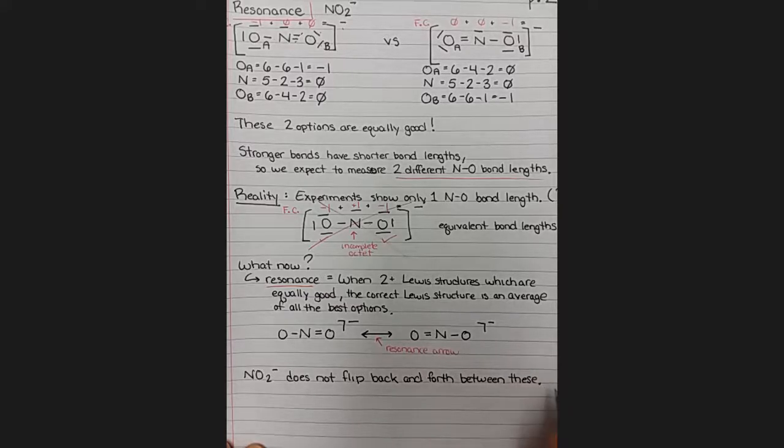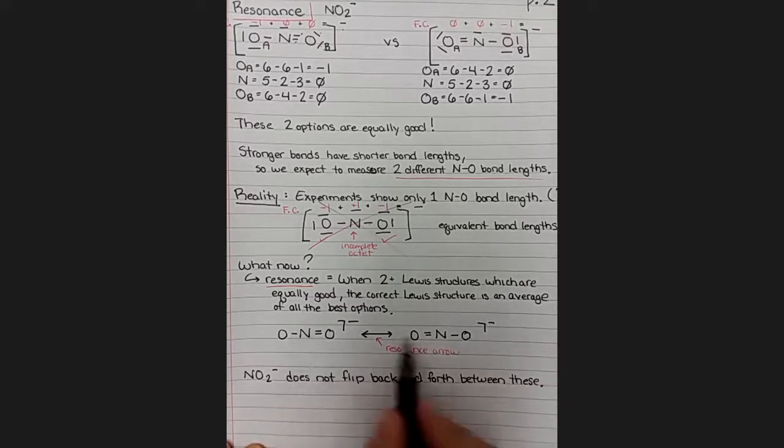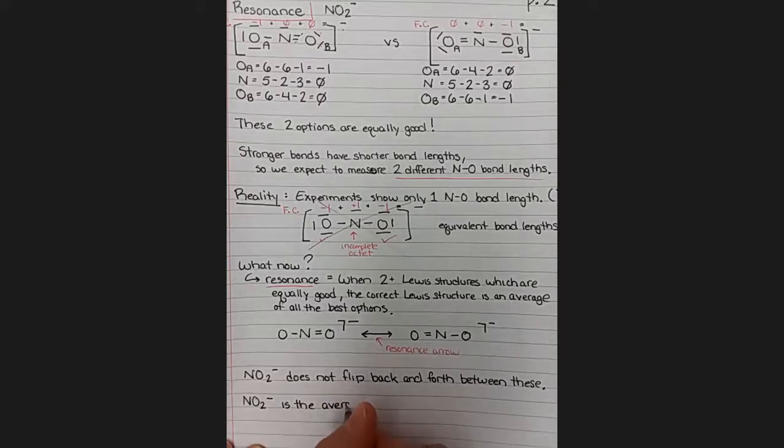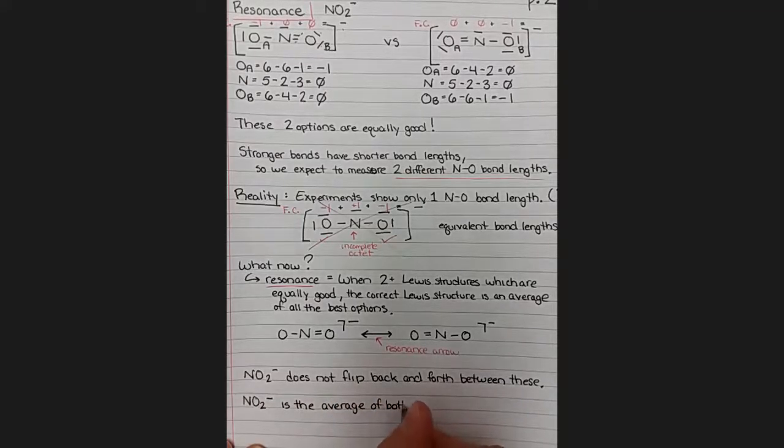This is not a chameleon that changes color and is sometimes blue and sometimes green. No, both of these are true all the time. We just need both of them to represent the one state this molecule is always in. So there's one state, and that one state is the average of both options.